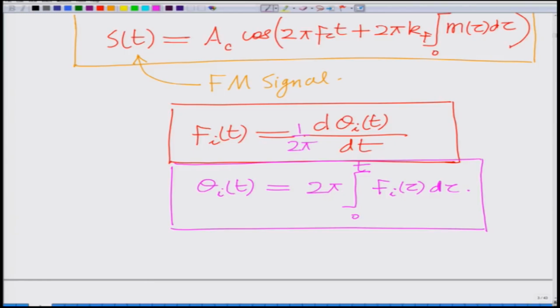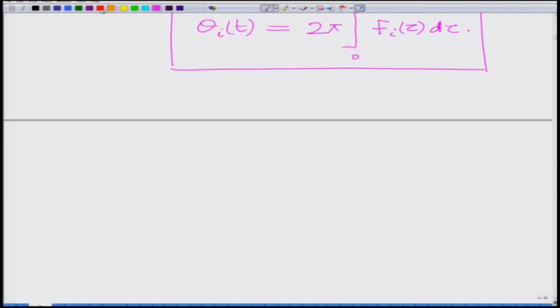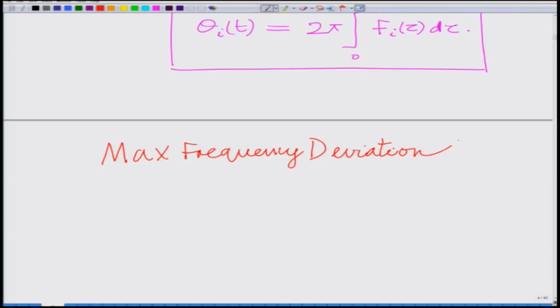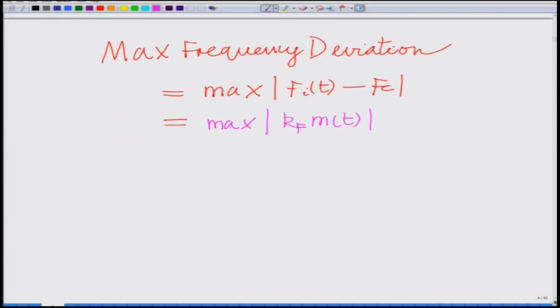And further, one can define the peak frequency deviation, the maximum frequency deviation, as the maximum of the magnitude of f_i(t) minus f_c, which is equal to the maximum of k_f times m(t), which is equal to k_f times the maximum of the magnitude of m(t).